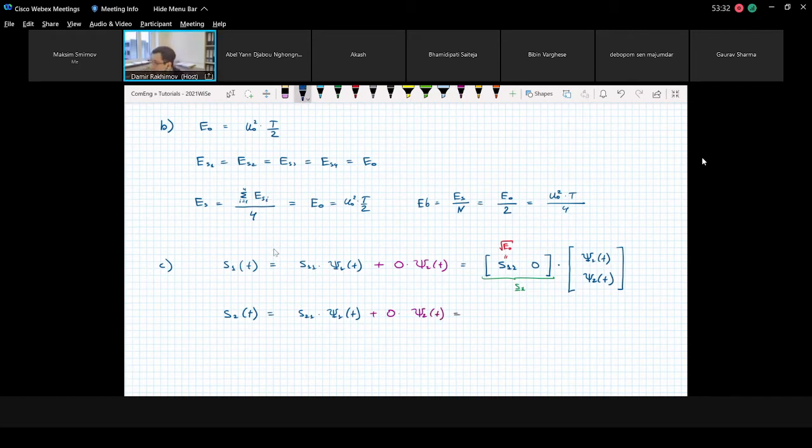Whenever we encounter that we don't have second basis function, we just add it by multiplying the basis function by 0. And we can write it as S22, 0, and again the same vector with two basis functions. This inner product.